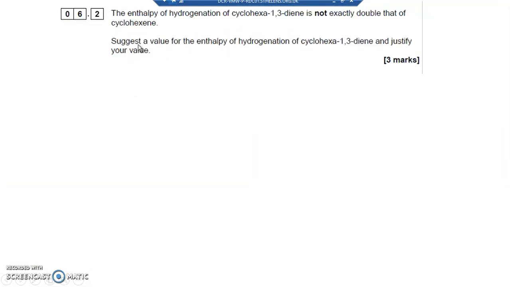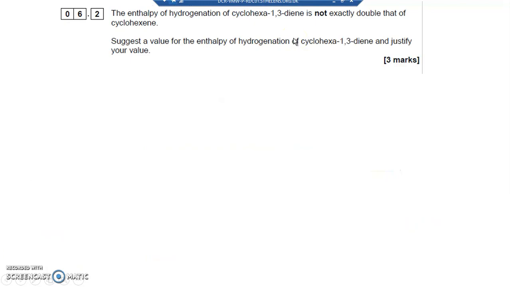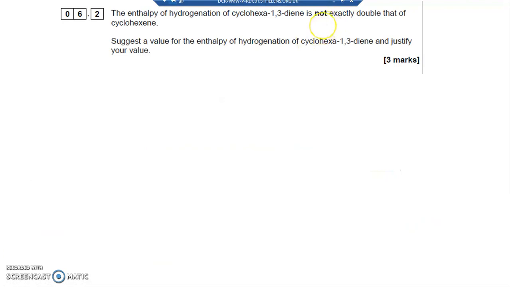There's another chemical, cyclohexa-1,3-diene, with 2 double bonds, one at carbon number 1 and the next one at carbon number 3, so it would be double, single, double, and it's not minus 240. It's not quite double. Suggest a value. So you could have anything between minus 120 and double, which is minus 240. You can have anything in between that because it says it's not exactly double.